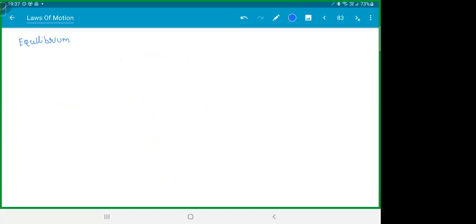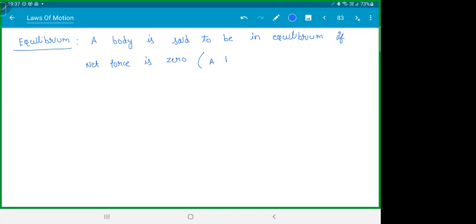What is equilibrium? A body is said to be in equilibrium if net force is 0. Now be careful, a body can go with constant velocity.